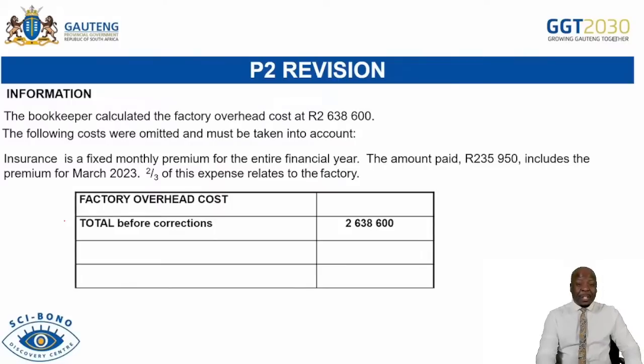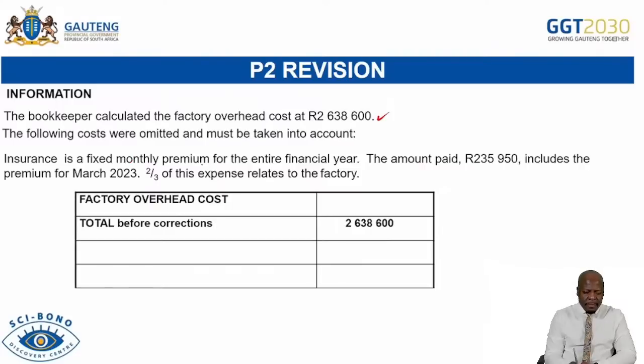Now, factory overheads. With factory overheads, you have to know reverse calculations and you must read the question properly. You need to understand what you are given and also what you want. Let's read. It says, the bookkeeper calculated the factory overhead cost at 2,638,600. The following costs were omitted and must be taken into account.